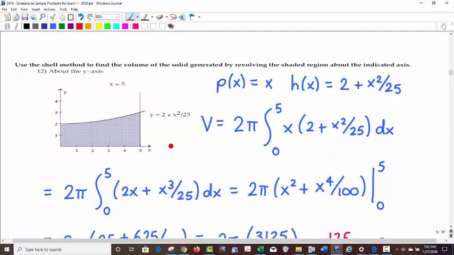And if it's the x-axis, it'll be variable y. And that's going to be the opposite for the disc and washer method. If it's around the y-axis, you're going to be using variable y in your integration. If it's the x-axis, you'll be using variable x. So you might think we have to solve this in terms of y. We do not.